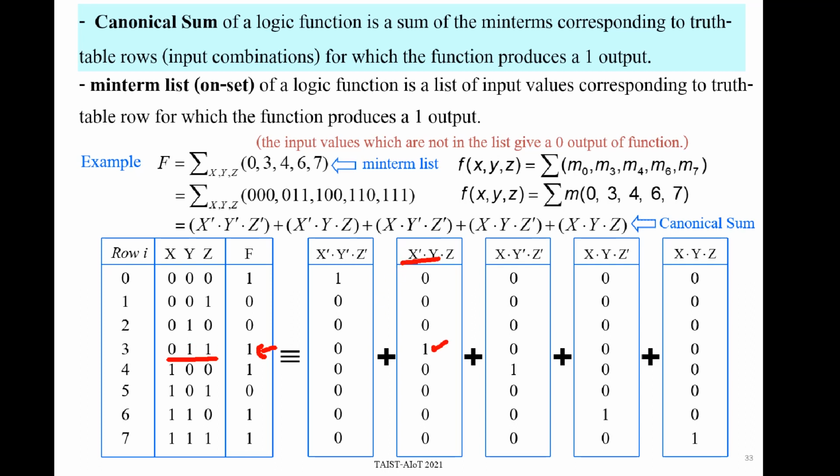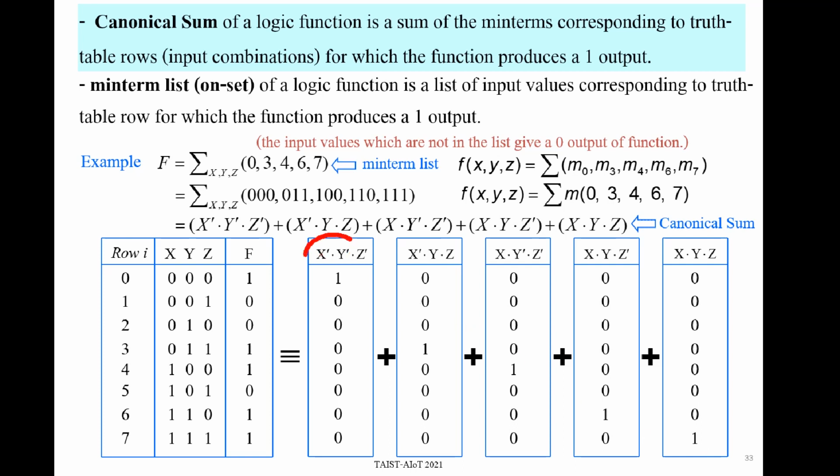This one is 1 only in one case, when input is 0,1,1. And this one, 1,0,0, is x, y prime, z prime. This one, 1,1,0, becomes 1 only when input is 1,1,0, and its minterm is x and y and z prime. And this one is 1,1,1, x and y and z, right?